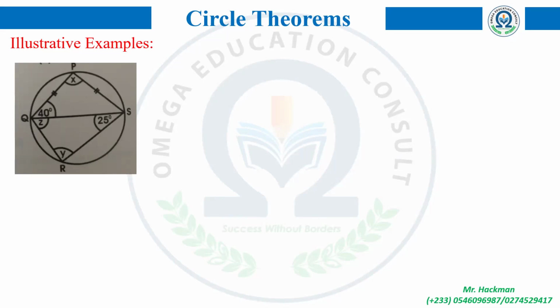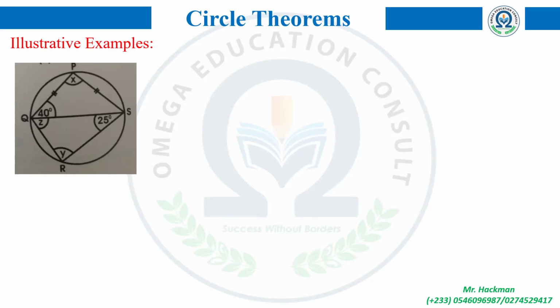Okay, now that you are through with your plan, Amma, let's go. Sir, this question, we have an isosceles triangle in the circle. Which triangle? Triangle PQS is an isosceles triangle, and in an isosceles triangle, the base angles are equal.